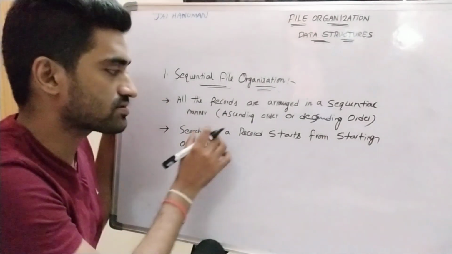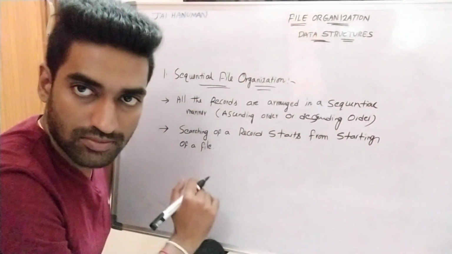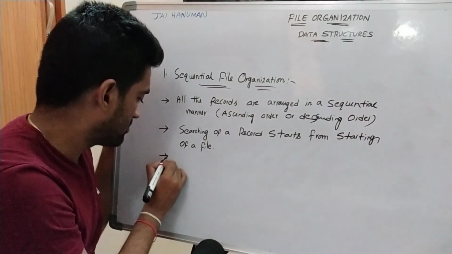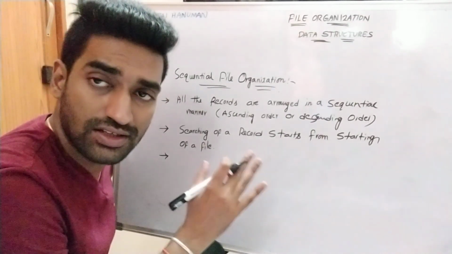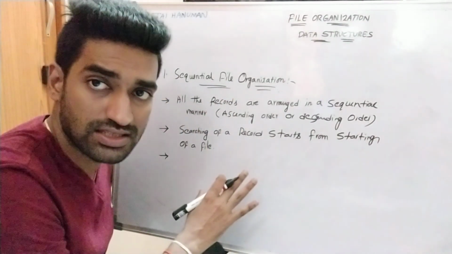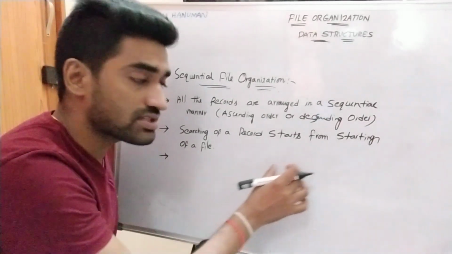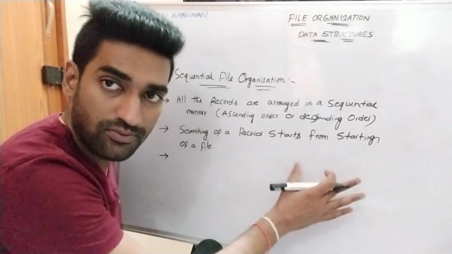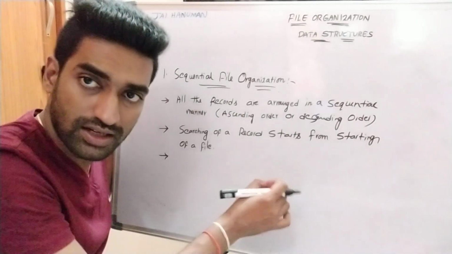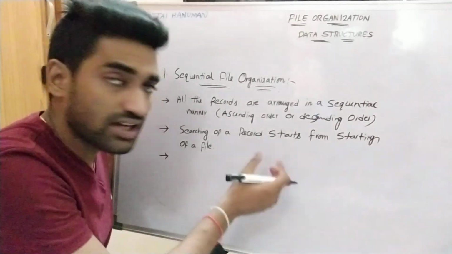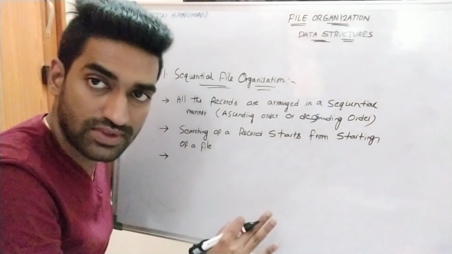This is the second part, right? Then, suppose I want to add a new record in sequential file organization, that must be placed at the last position of the file, right? It is not possible to add a new record in any other place. Simply, it can be added at the last position of the file only.